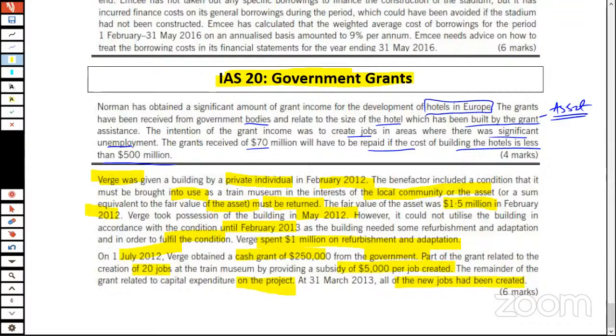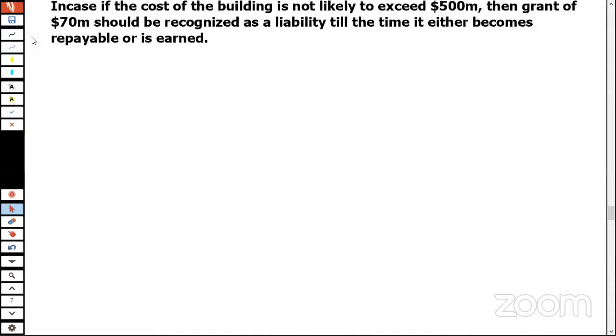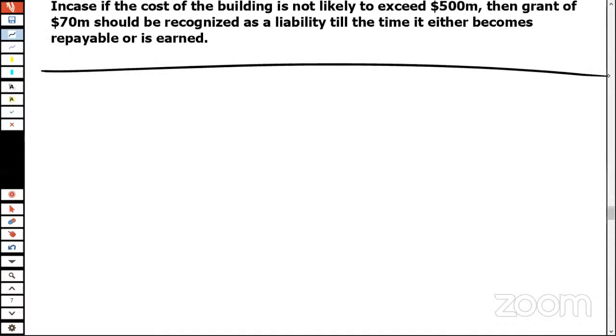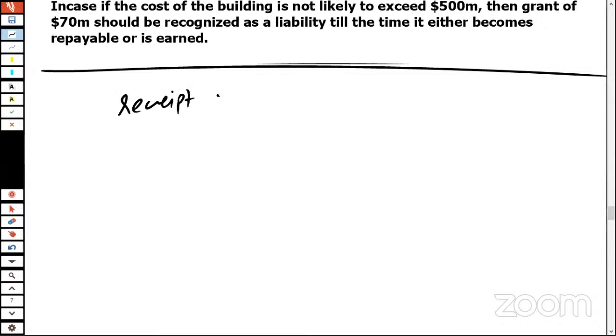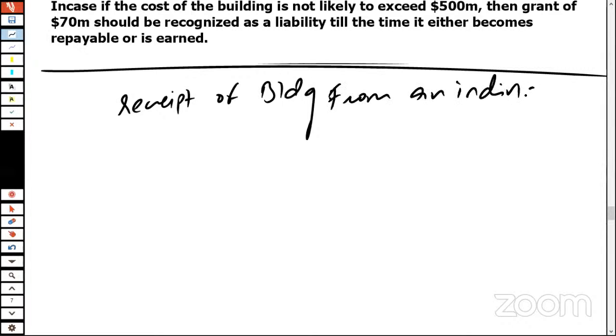Okay, let's just start off. There are multiple aspects to this specific question. The first one of them is the receipt of the building from an individual.